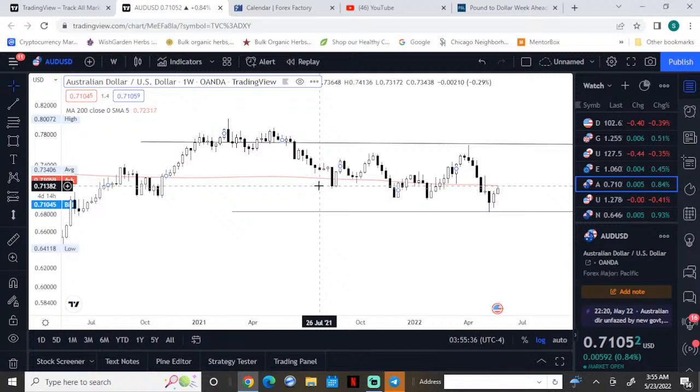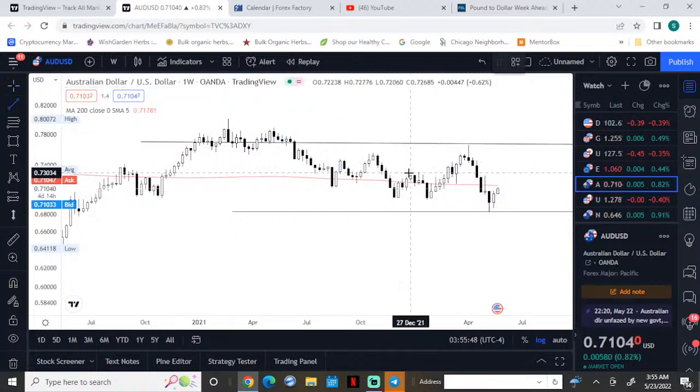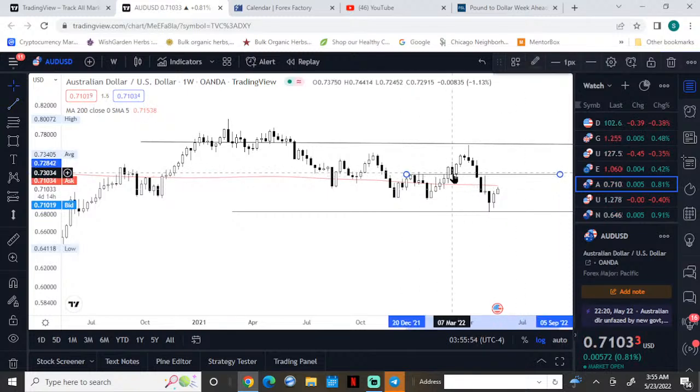I can't really mark this right here as a zone. Okay, so I'm gonna mark right here because we did have some stuttering, and then we had a candle come and reject price right here.